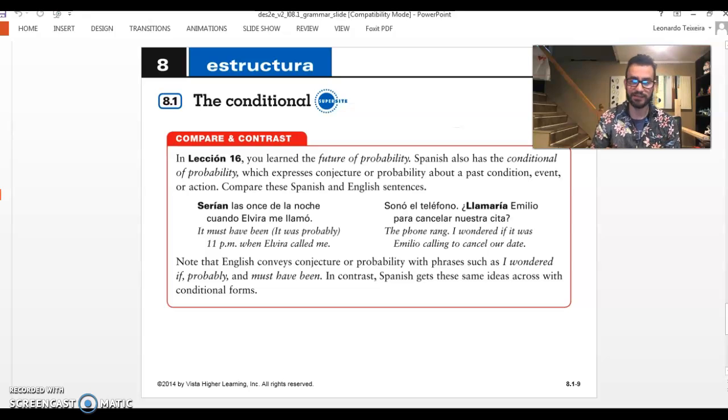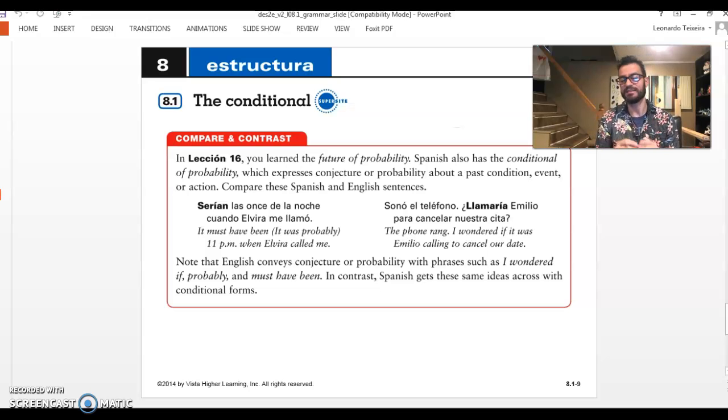Let's look at the last example here. Sonó el teléfono. Llamaría a Emilio para cancelar nuestra cita. So the telephone rang. Okay. If I say llamó Emilio, then he called. But llamaría Emilio, it's like I wonder if that was Emilio.